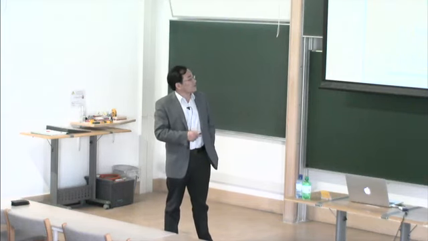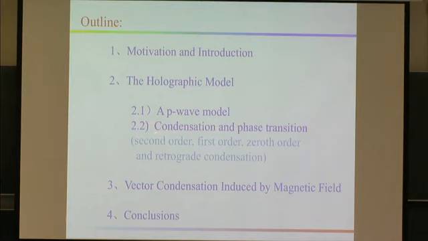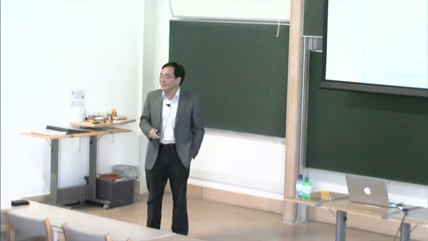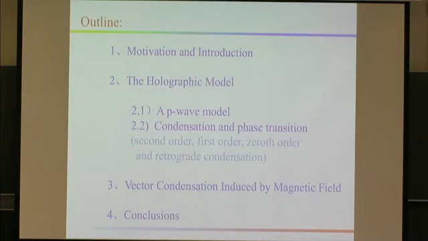Depending on the mass and charge of the vectors, we found second order, first order, and zero order phase transitions in the same model. Particularly, retrograde condensation also happens in some region in this model.